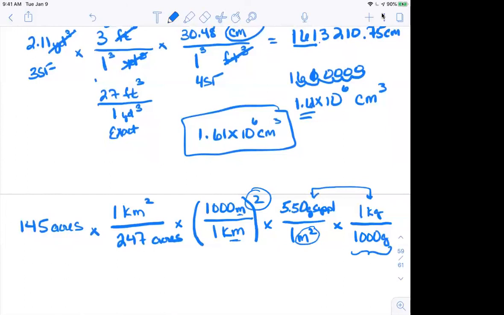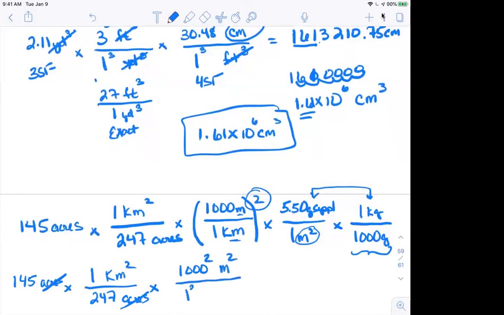So when I do this math, I'm going to have 145 acres times 1 kilometer squared over 247 acres. That cancels out. I'm going to have 1,000 squared meters squared over 1 squared kilometer squared. That cancels out.